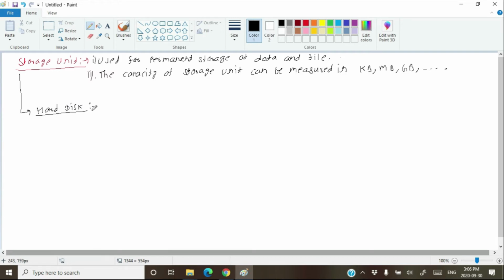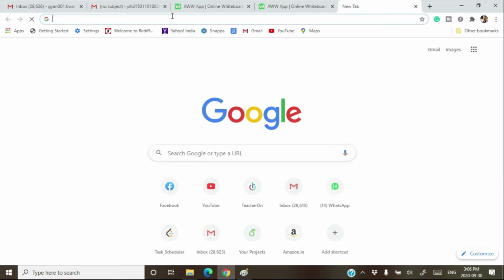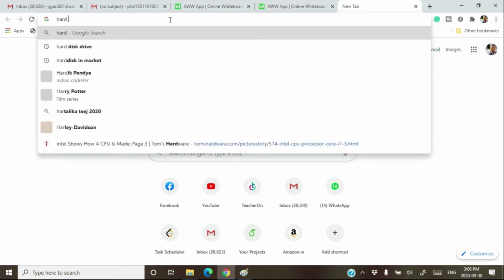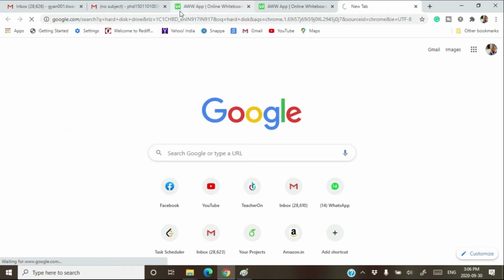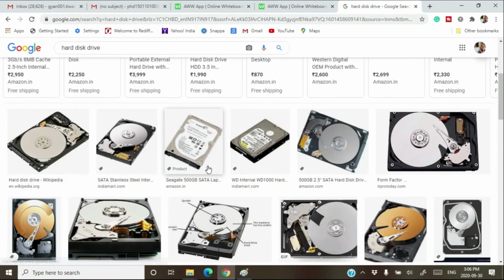I will show you a picture of the hard disk on the internet, and of course all credit goes to that website which has uploaded this picture. So let's search for hard disk drive, and go to the images.